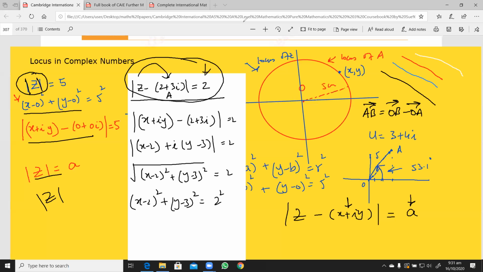Now suppose the question is modulus of z minus 2 plus 3 iota equal to 2. Now you draw this circle, you try this.